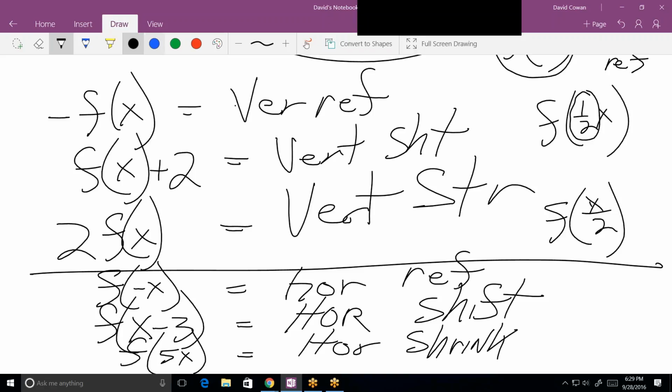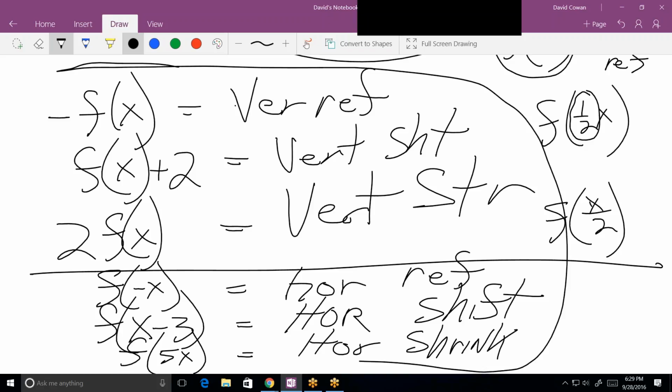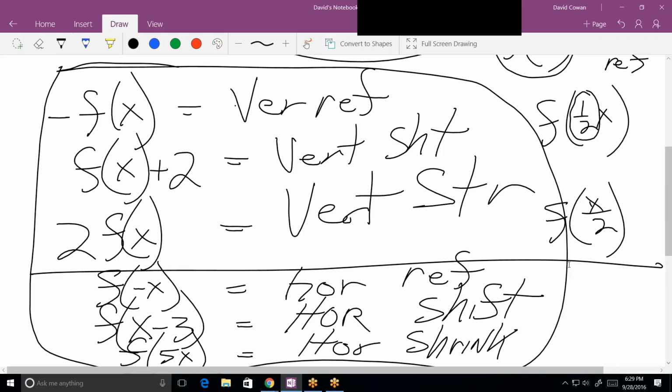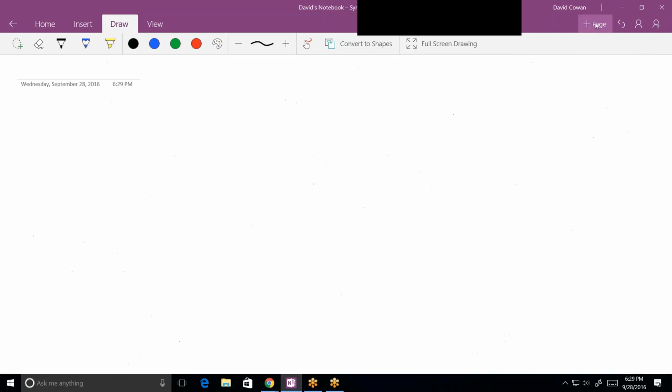So here's what you want to memorize, these. And that can apply to any function. It does not matter what f of x is. We only have a minute or two here, but the game they're going to make you play is this.